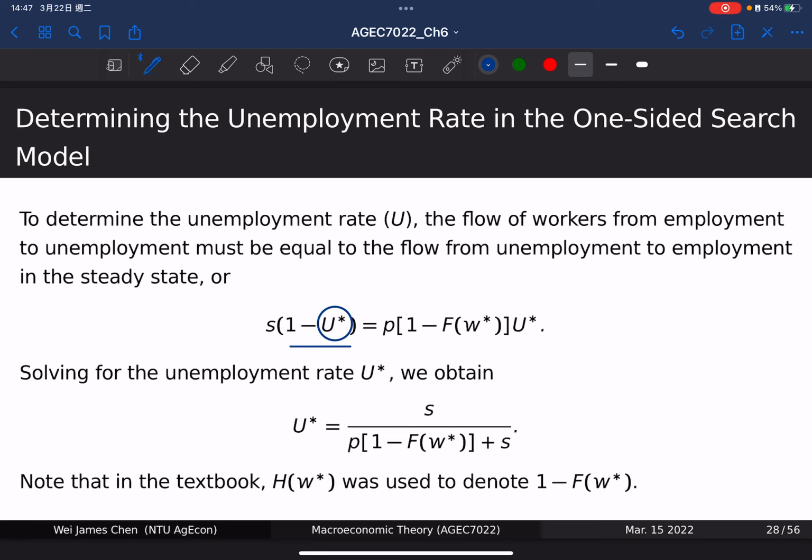Because it's 1 minus unemployed. So the separation probability times this is the percentage of people who are employed but then separated and become unemployed, right? So this is from employed to unemployed.